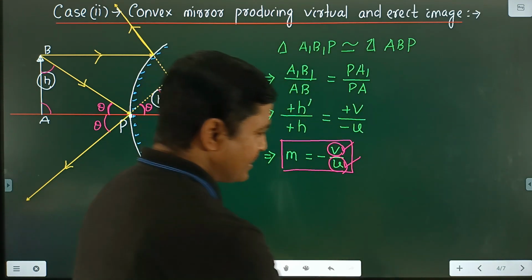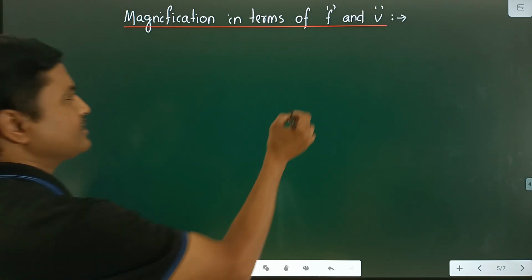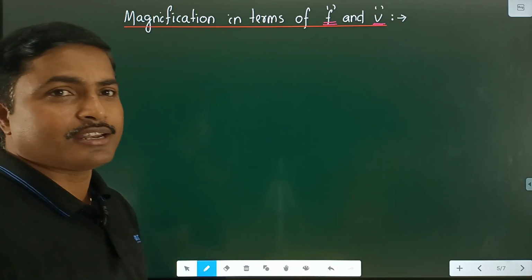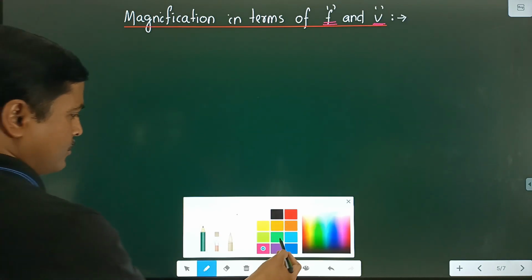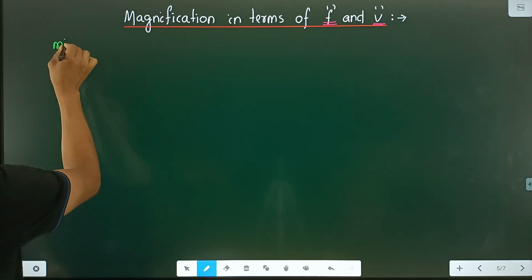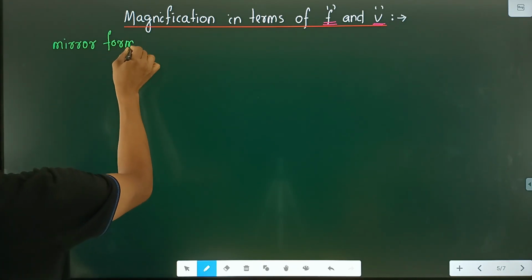First, we will derive the expression of magnification in terms of focal length and image distance. For image distance, we write V. And you know the mirror formula, or mirror equation.